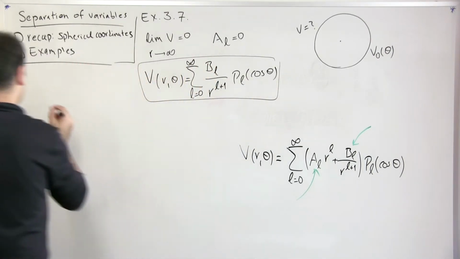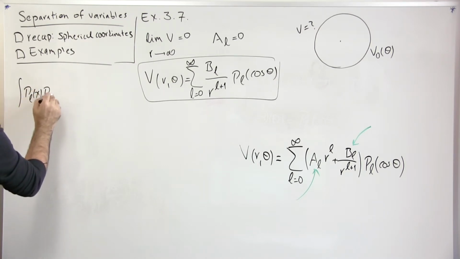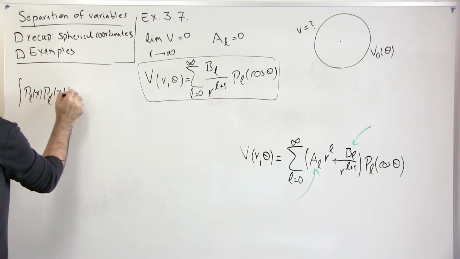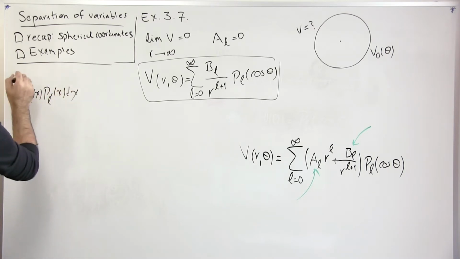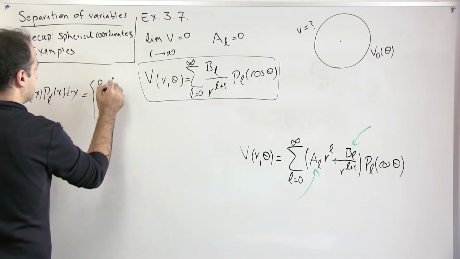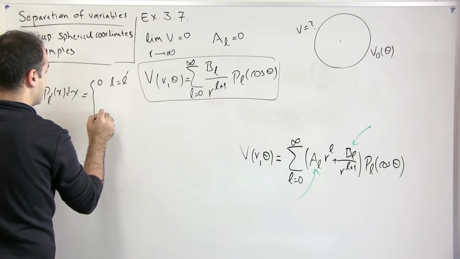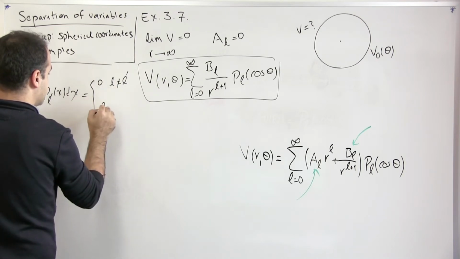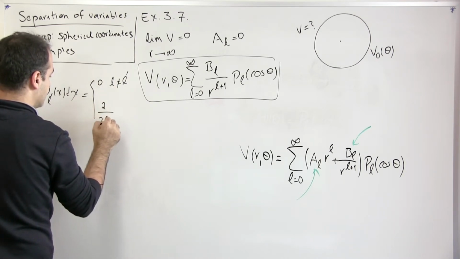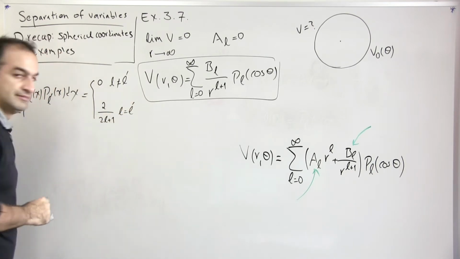Mathematically, the integral of P_L(x) P_L'(x) dx from -1 to +1 is always 0 if L is not equal to L', and it's 2 over 2L plus 1 if L is equal to L'.